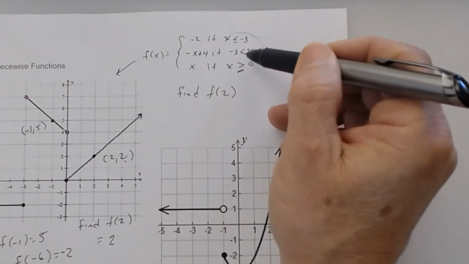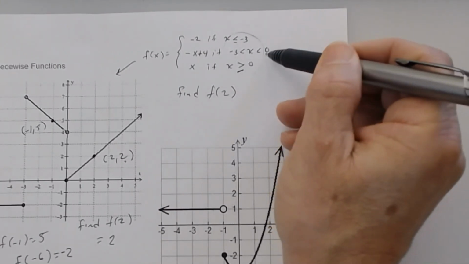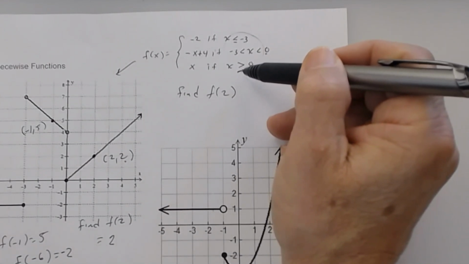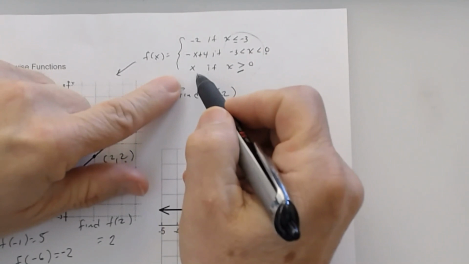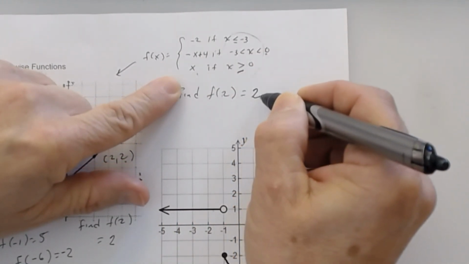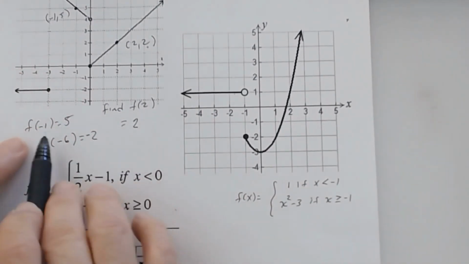Is 2 in here? Is 2 between negative 3 and 0? No. But 2 is greater than or equal to what? 0. So I've got to use this one. So when x is 2, that says y equals x. And what's x? 2. And is that what we found? Yeah.